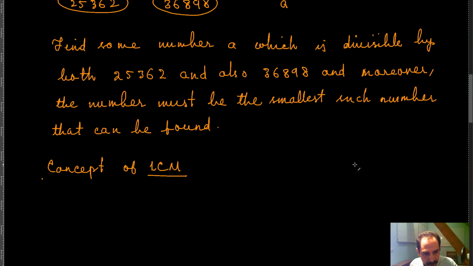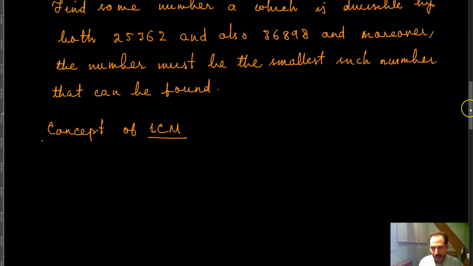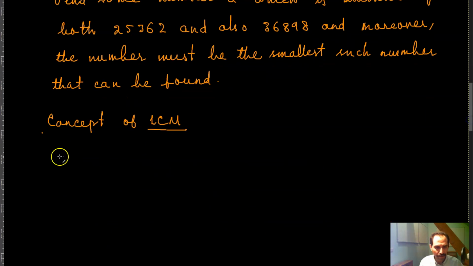Now, the least common multiple is very simple. Suppose you want to calculate the LCM, solving the same problem: 1/20 plus 1/16. This time, the previous time we multiplied these two numbers together and got 320, and we did the calculation.